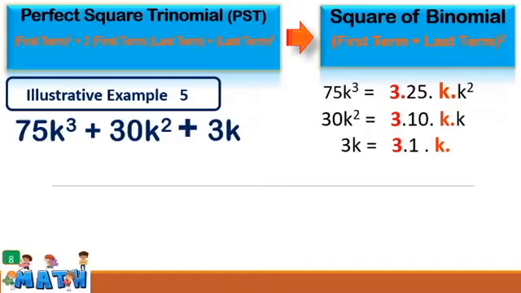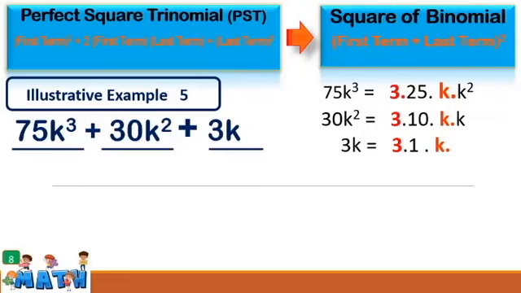So 75k cubed can be factored as 3 times 25 times k squared. 30k squared can be factored as 3 times 10 times k, and 3k can be factored as 3 times 1 times k. So what can you observe? We have common factors. So 3 and k, and 3k is our greatest common factor. And we're going to divide it from the 3 terms.